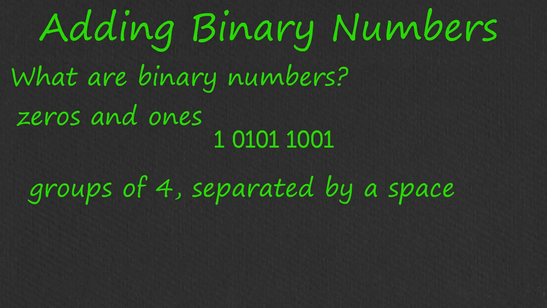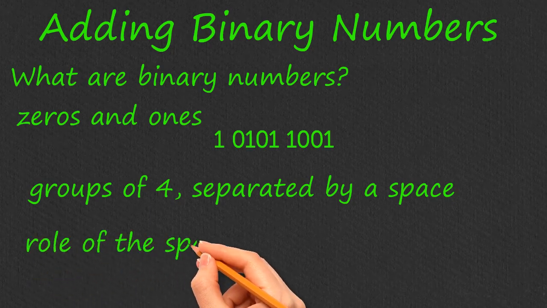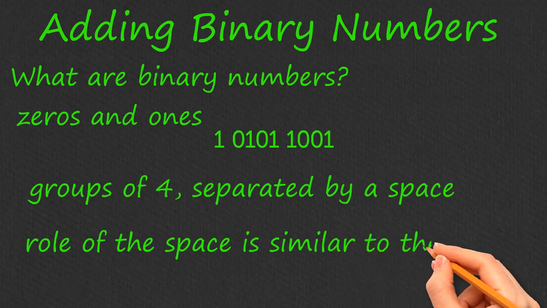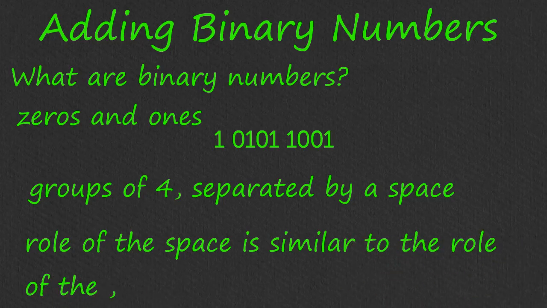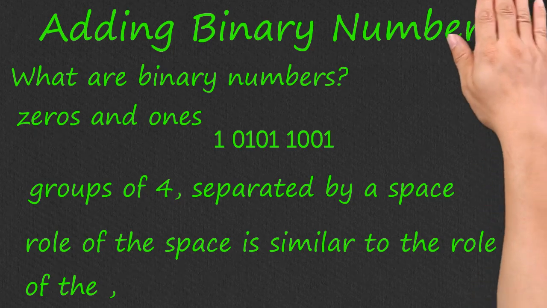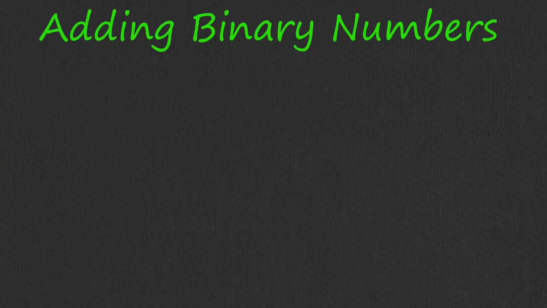I find it easier to read the numbers this way, and I can make more sense of their magnitude this way too. The role of the space in these groupings is similar to the role of the comma in decimal numbers, where we group the numbers into groups of 3 for ease of reading. It is only a personal preference, however, not a common notation, so feel free to ignore this grouping if you find it confusing.